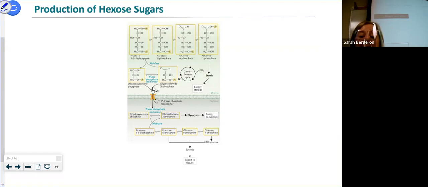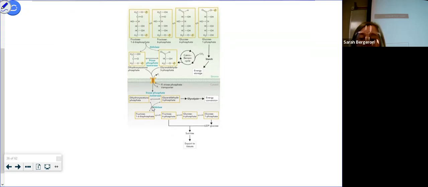Now, the other thing is maybe your cell needs energy right now. So what you do is you use this Pi triose phosphate transporter. So you know you're going to need inorganic phosphate for those phosphorylation events. So it's an antiporter. When one of those inorganic phosphates enters the stroma, then one of these 3 carbon sugars is going to be transported out.